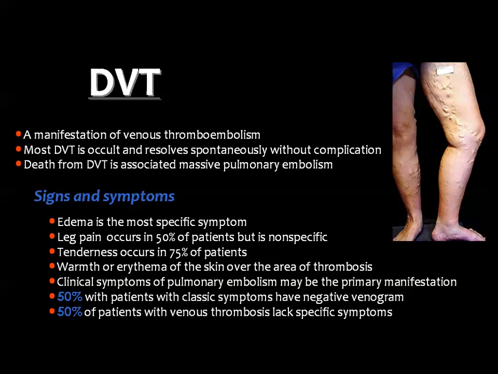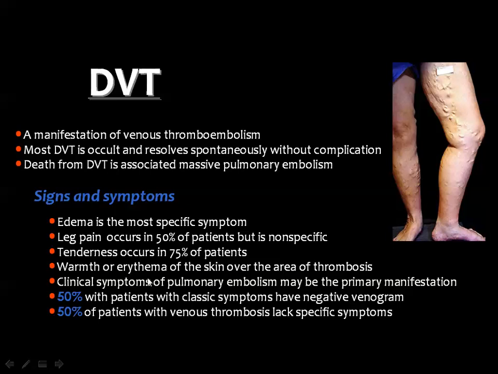Patients with deep vein thrombosis may present with lower limb edema, and this is one of the common symptoms. Leg pain in a patient is not specific, it has many causes.